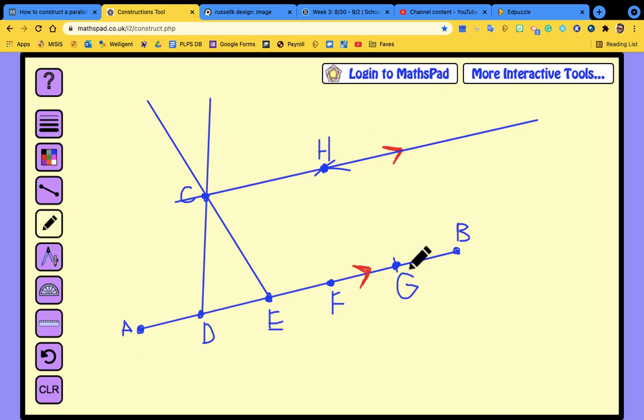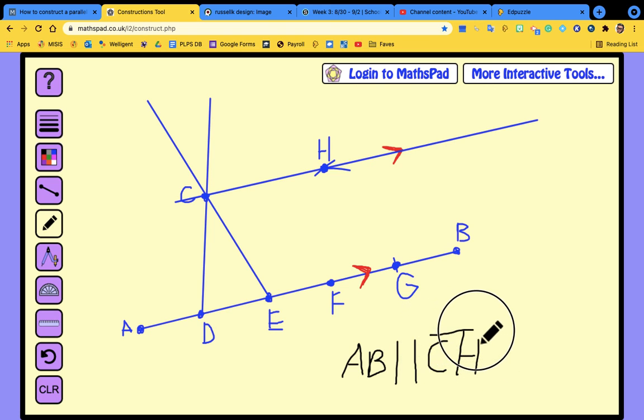So our original was AB, so AB is parallel to CH. Look at that. So AB and CH will never, ever touch. They are parallel.